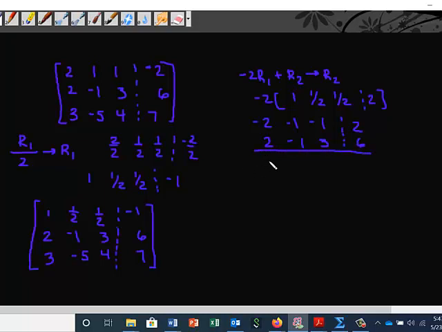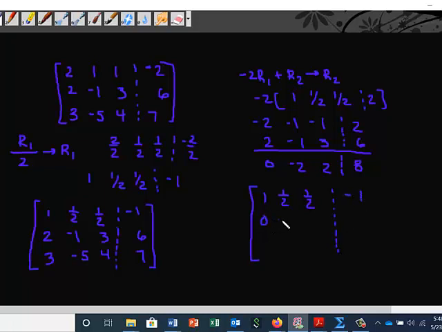And then this becomes 0, -2, 2, and 8. So now we have this matrix, which is going to be 1, 1/2, 1/2, -1.